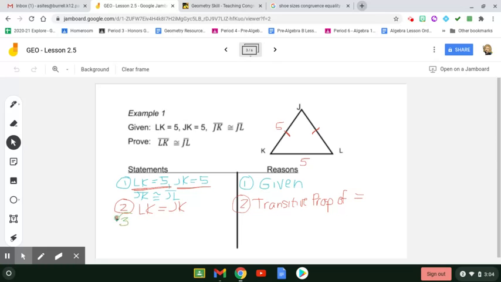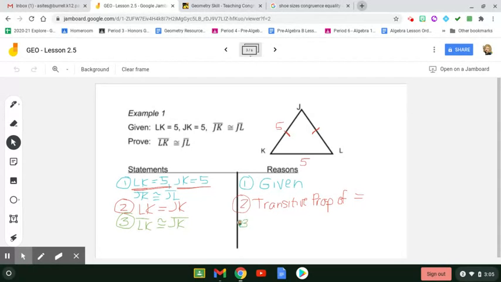It allows us to go from equality to congruence a ton of different times, and it also tells us that we can go from congruence to equality. So what I'm going to do is simply write down LK as a segment, a congruent sign, and then segment JK. So all I'm doing is writing that same statement, but basically with a congruent sign.